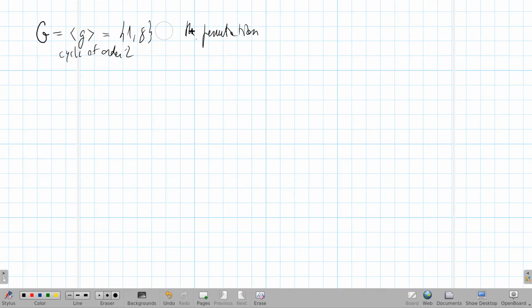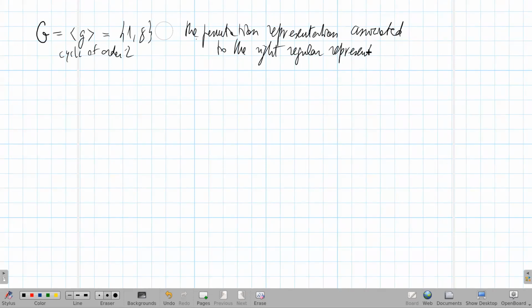So the permutation representation associated to the right regular representation of G. Note that this is something that has to do with permutations.